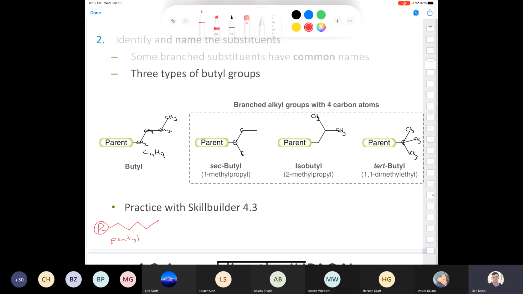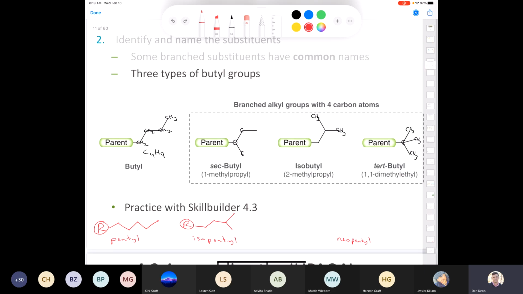Now, in the book, he mentions the isopentyl and the neopentyl. They don't come up a ton in this class, but it might be nice for you to have these ones memorized too. So an isopentyl, just like an isobutyl or an isopropyl, has the 2 methyl groups at the end, right?